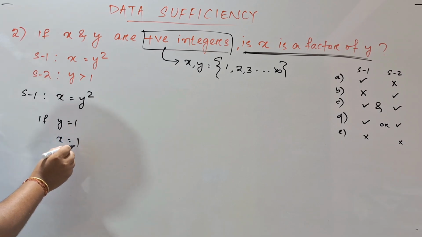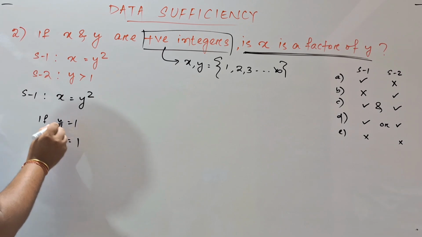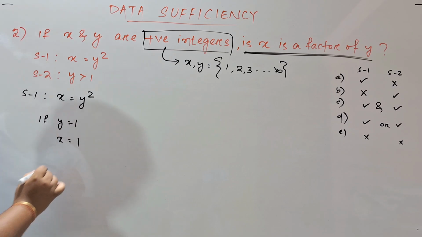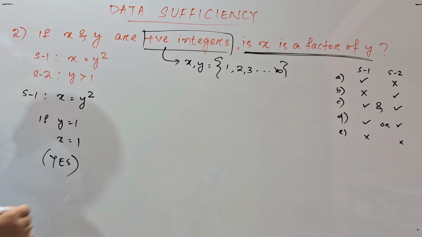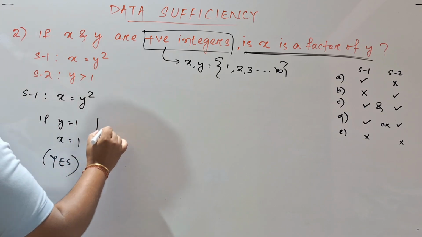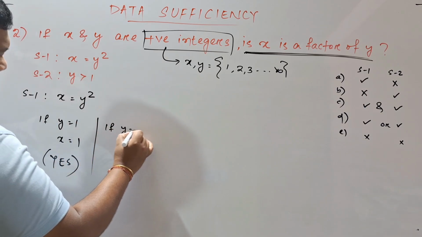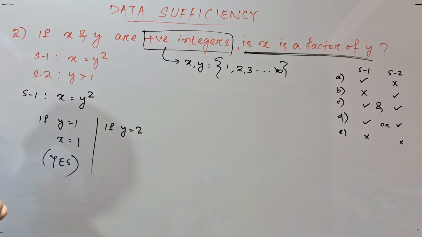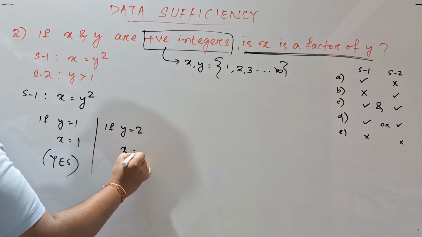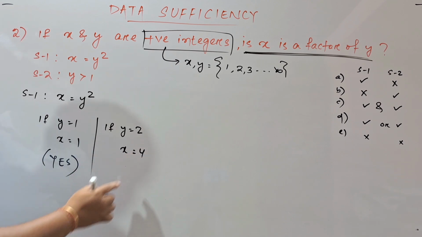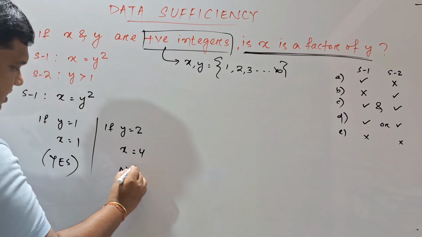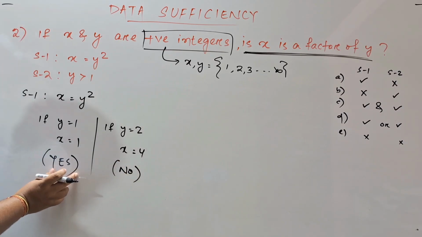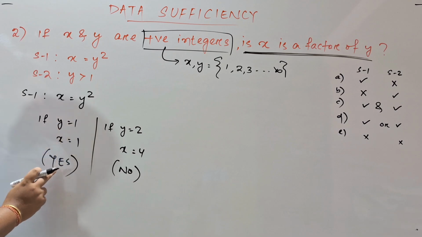The question is: is x a factor of y? You said yes. Now if I check y equal to 2, x is equal to 2 square, which is 4. Is 4 a factor of 2? You said no.